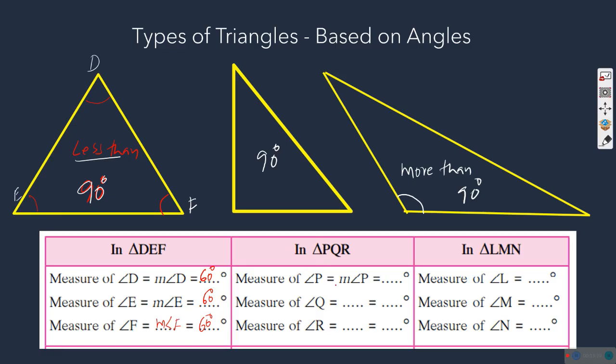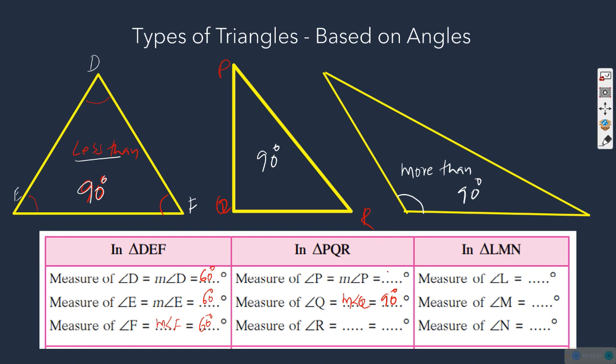When it came to PQR, let me name it as P, Q and R, I found that the measure of Q, which I measured first, is equal to 90 degree. Understood? The other angle happens to be 60 degree, and here it is 30 degree.